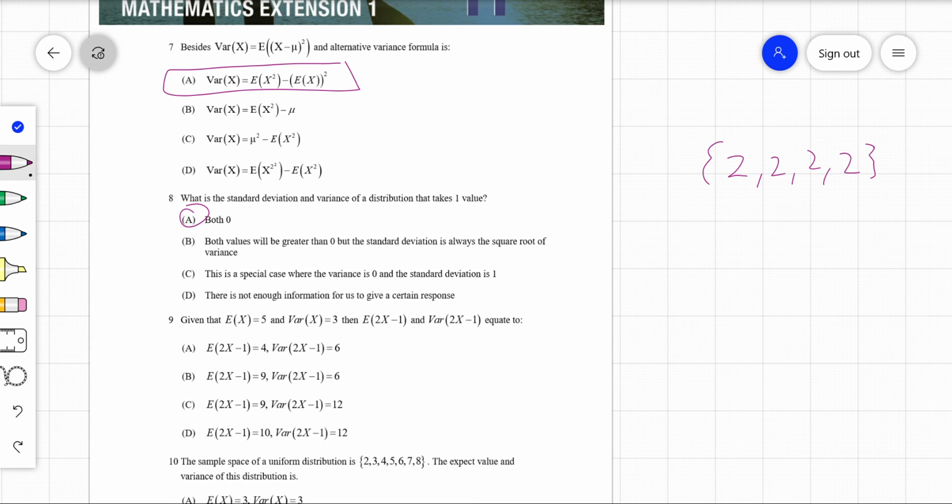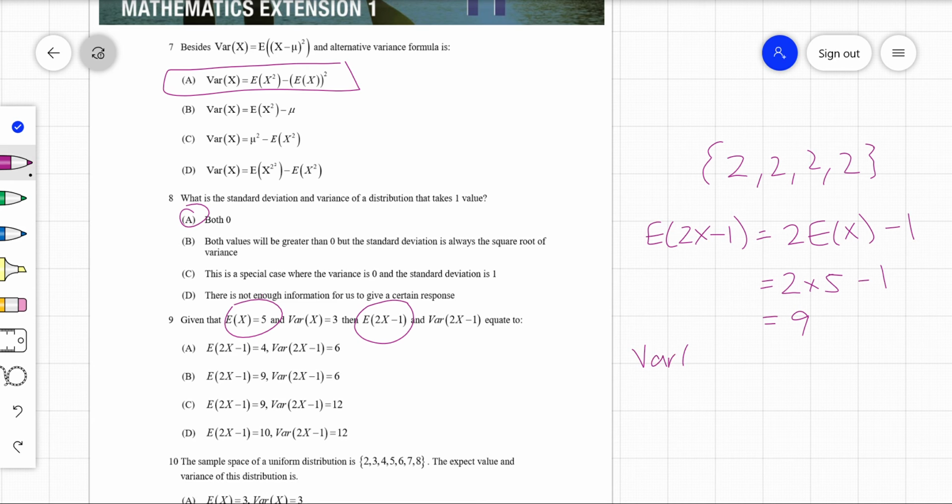All right, number 9. Just remember, when you're doing something like E of 2X minus 1, it's like algebra, the 2 can come out the front and the minus 1 can also be separated. That way we can use the E of X, which is 5, so 2 lots of 5 minus 1, which is 9. Now with Var we have to be careful.